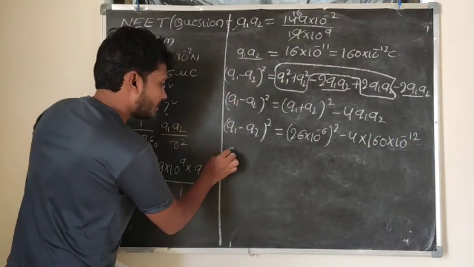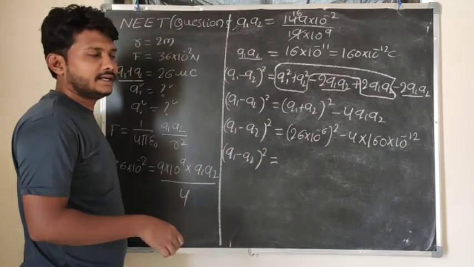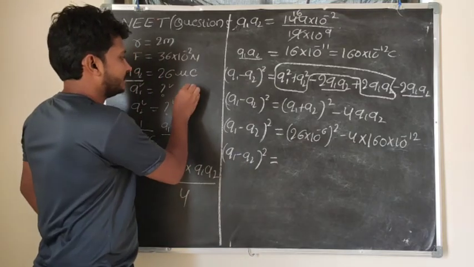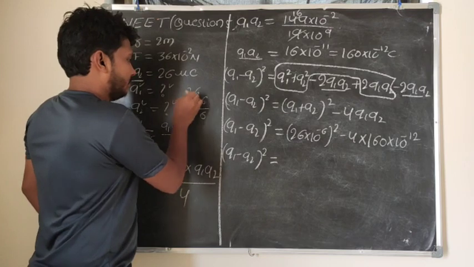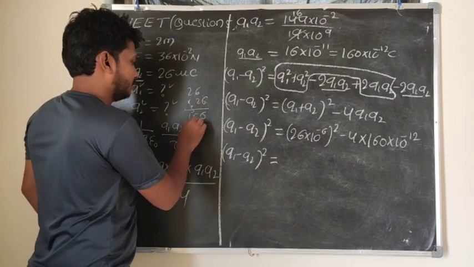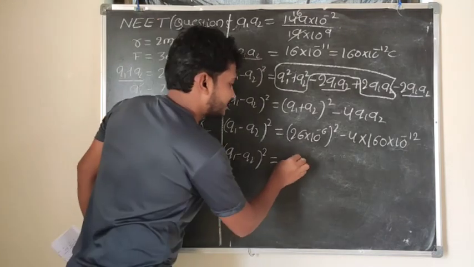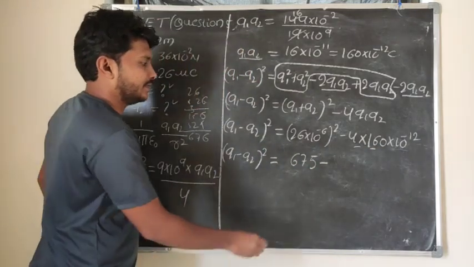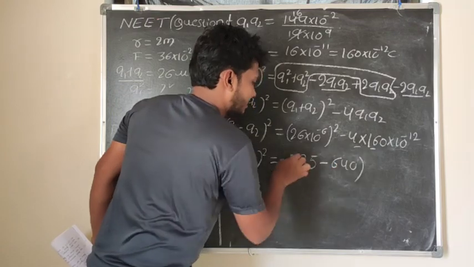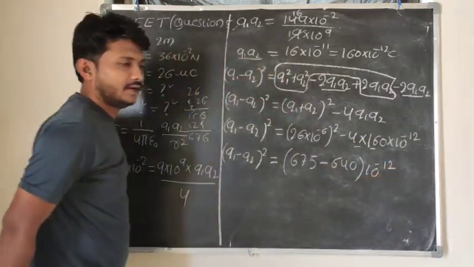So 26 into 26 is 676, and 676 minus 16 into 4, that is 640. 10 to the power of minus 12 will be common here.